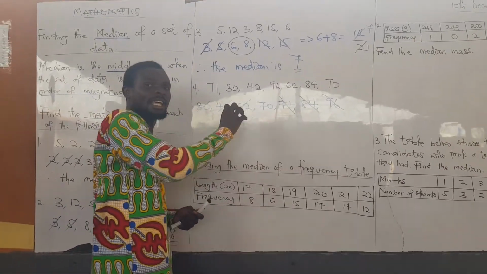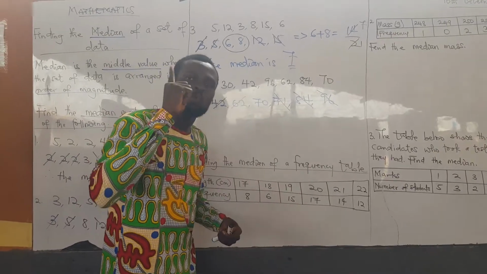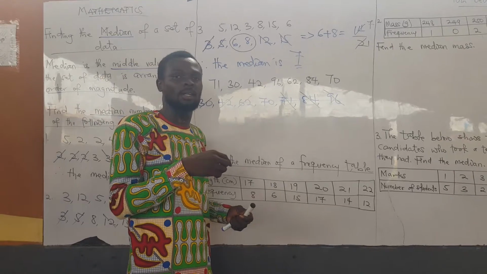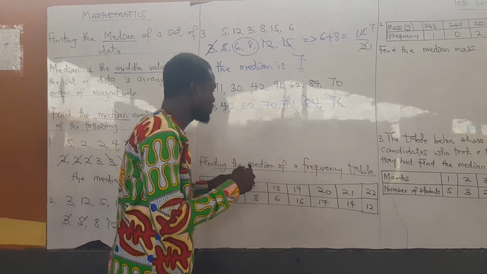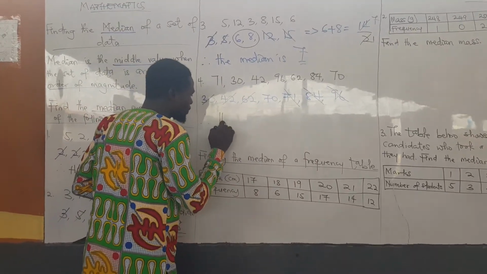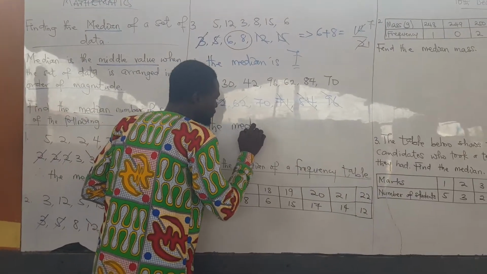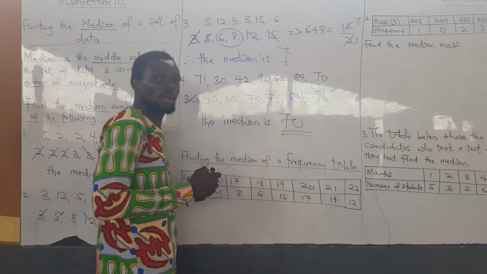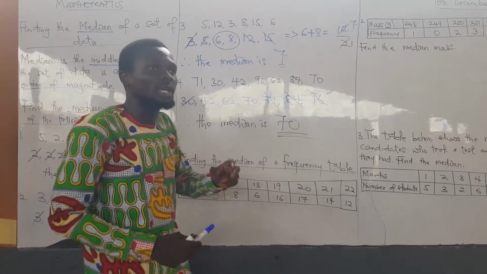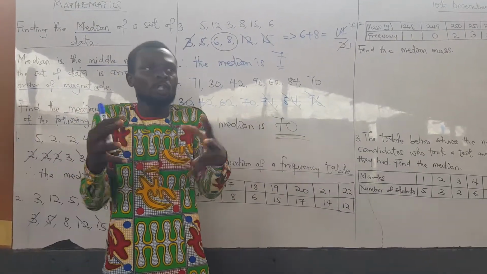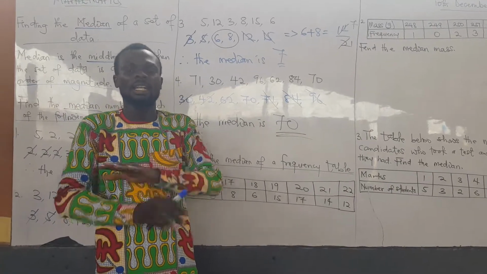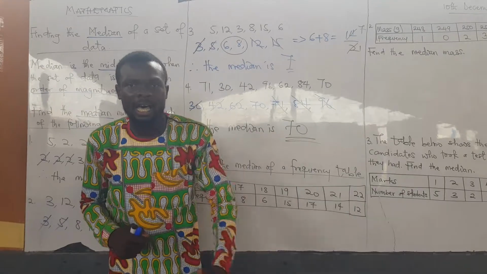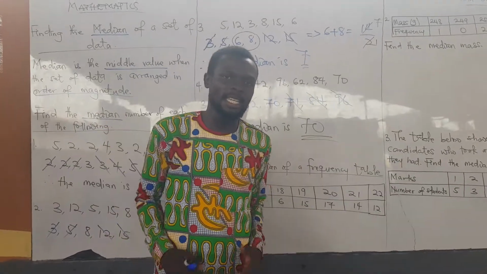Because in this example we have only one value in the middle after arranging, we can say therefore the median is 70. But if you arrange and you get two values, put those two values together and divide by 2. Whatever you get becomes your median.